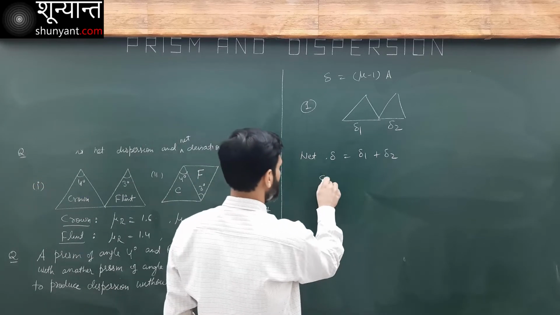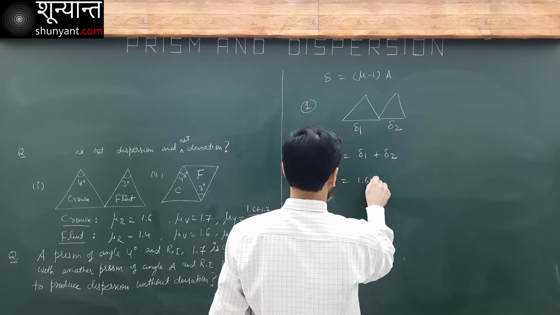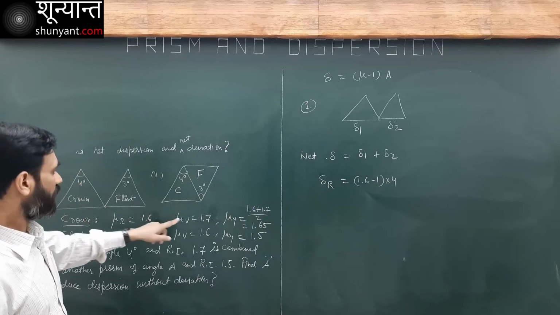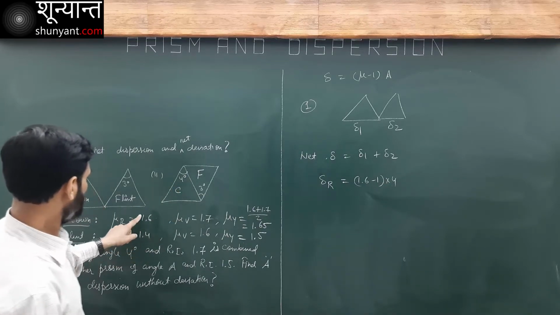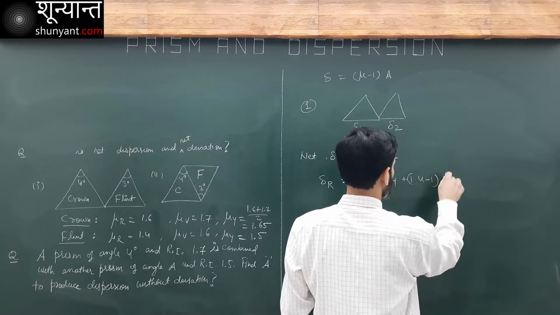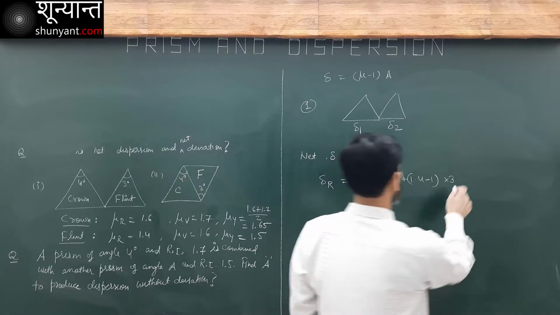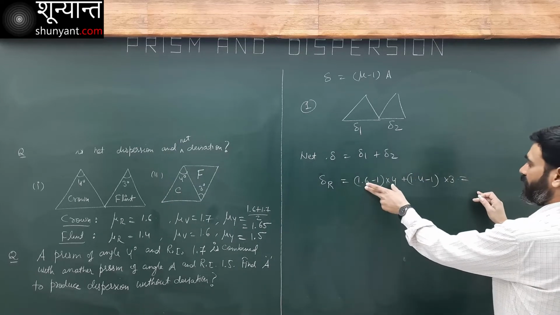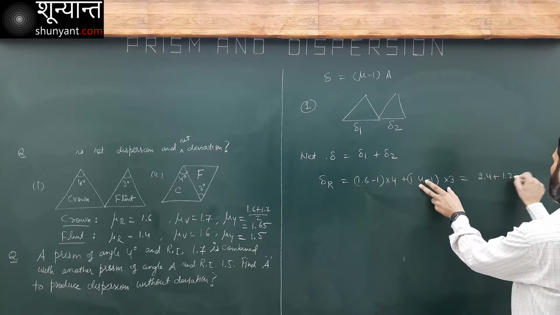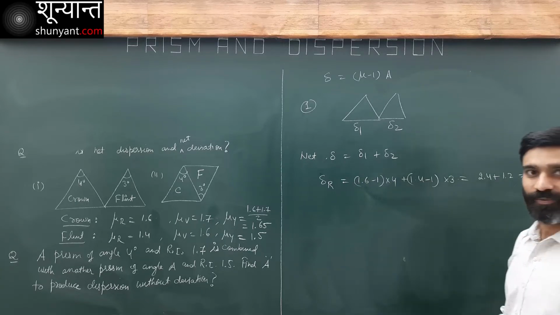So net delta in red is equal to 1.6 minus 1 times 4 degree plus 1.4 minus 1 times 3. This is 0.6 times 4, so 2.4, plus 1.2, this is 3.6 degree.